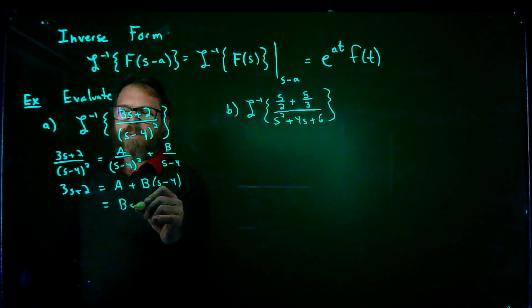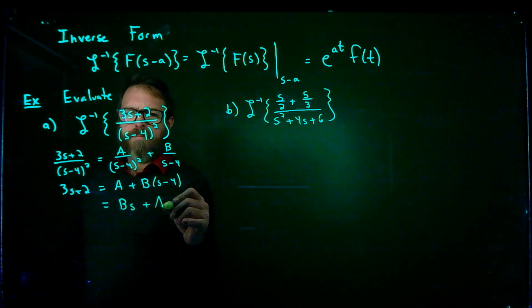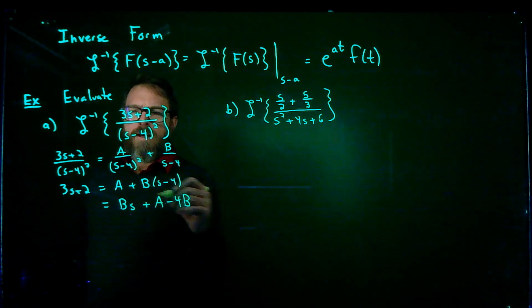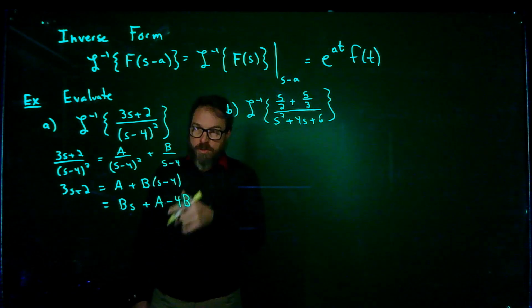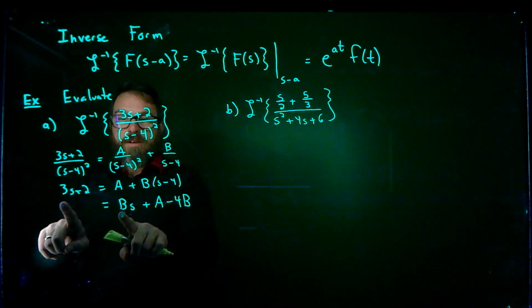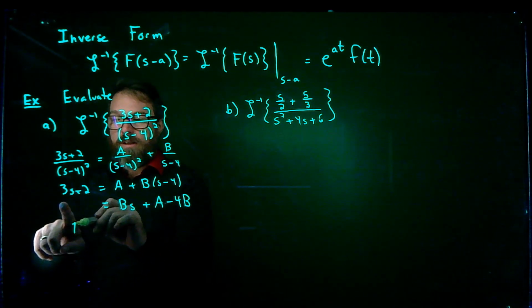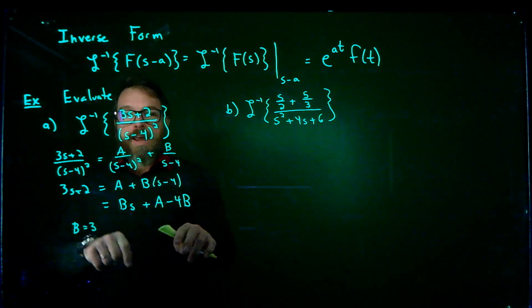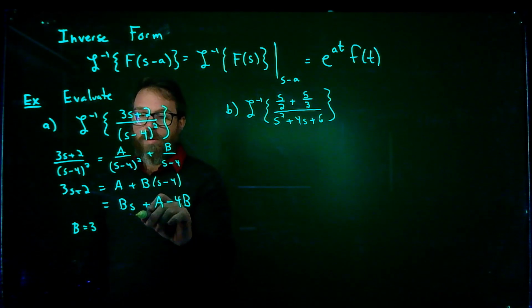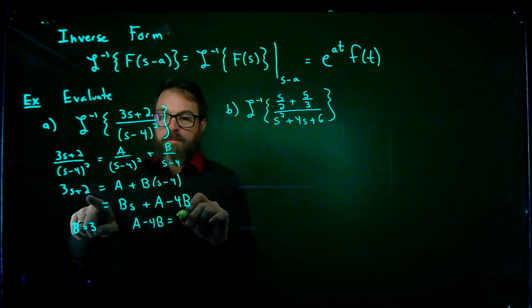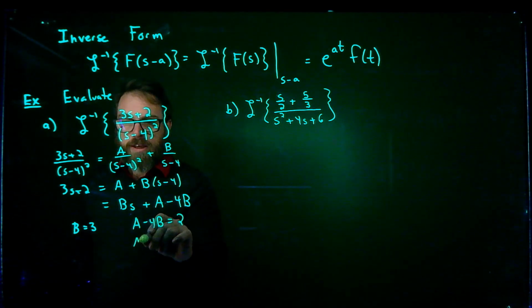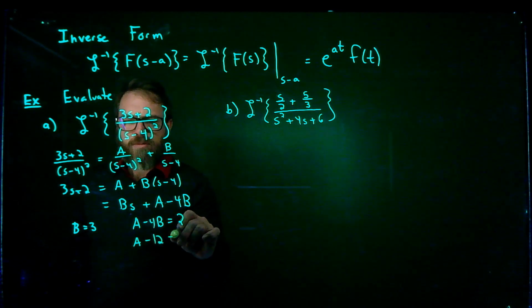And then expanding. Now I know for these things to be equal to each other, the coefficients have to match. So b is going to have to be equal to 3. And then a minus 4b is going to have to be equal to 2. Now since b is 3, this is a minus 12 equal to 2.